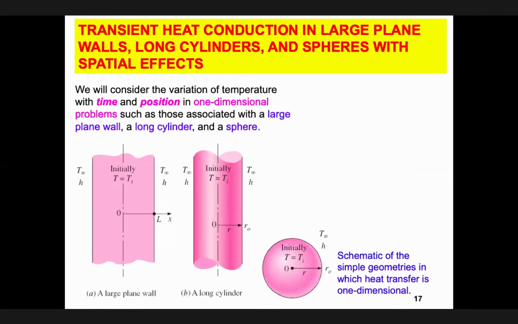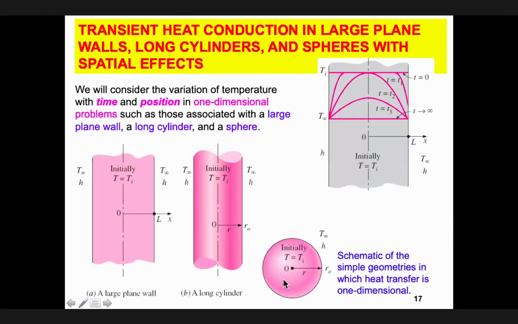Let's go back. We mentioned last week that we would like to develop a solution for the problem where we cannot ignore the internal resistance. Therefore, the internal resistance is controlling the rate of heat flow to the material. We are going to develop a solution for rectangular plane wall, cylindrical, and spherical coordinates.